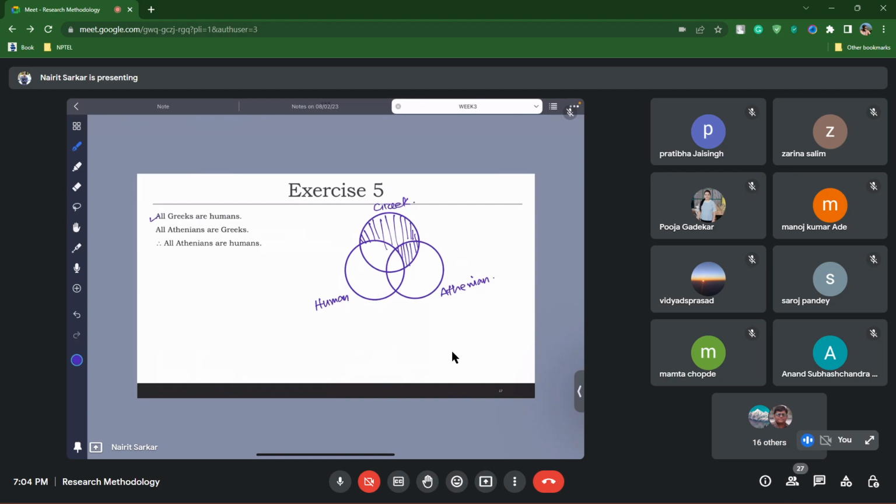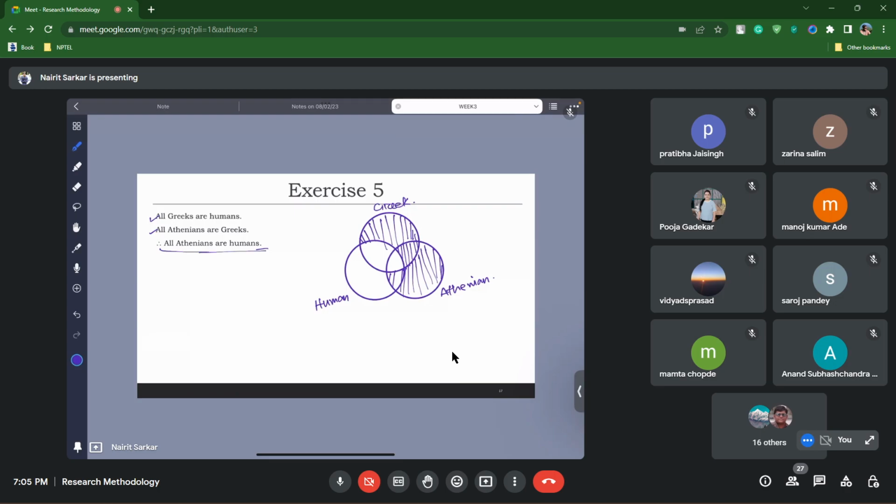Then all Athenians are Greeks. So there is no Athenian who is not Greek. So the area which is only Athenian will be shaded.